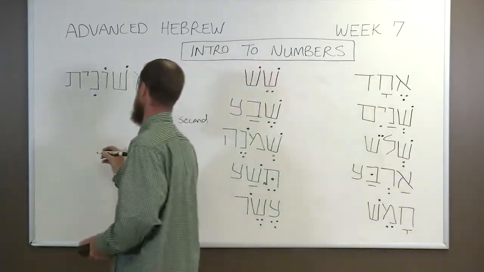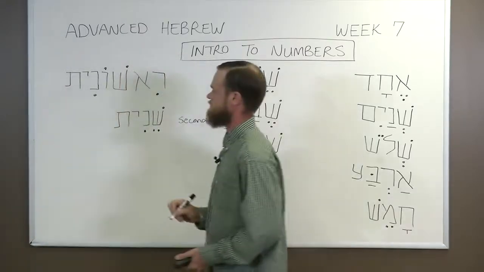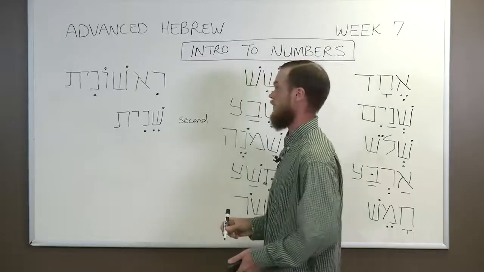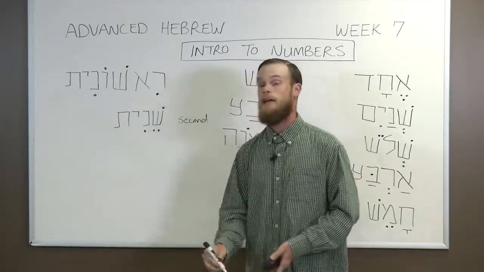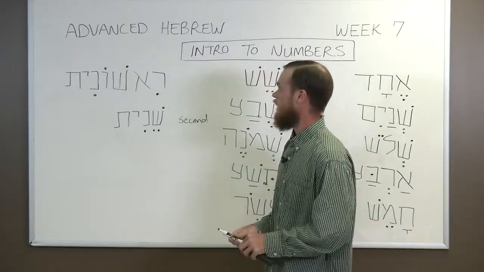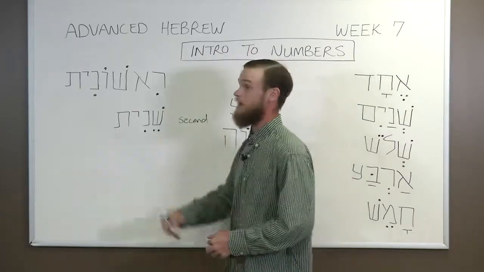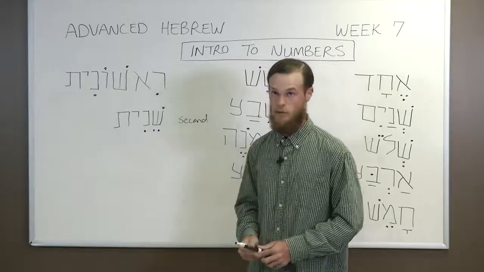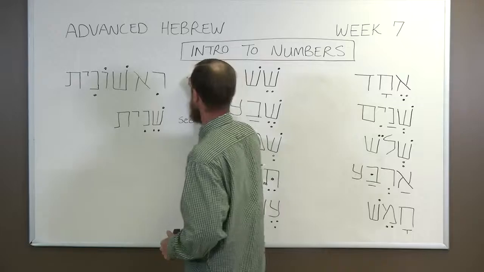To make it feminine, Shenit. Chirik Yod Tav. So for any ordinal number, take its masculine form, add Chirik Yod Tav to the end, and you've got its feminine form. And actually, as we'll see later, really all you have to do is add a Tav to the end of most of them, because most of them end in Chirik Yod already. So first, second.